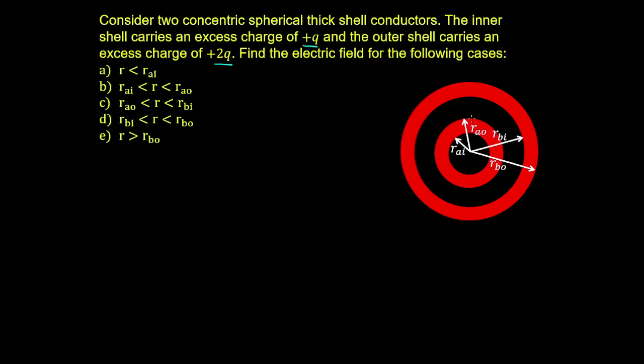So a conductor carries its excess charge on the outer surface under electrostatic equilibrium conditions. So therefore, the electric field inside the inner shell of this conductor is zero, and the electric field inside the body of the conductor is also zero.